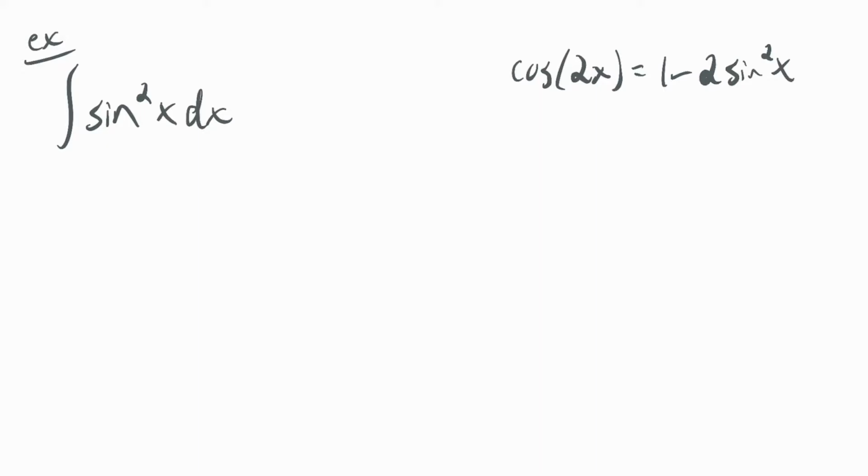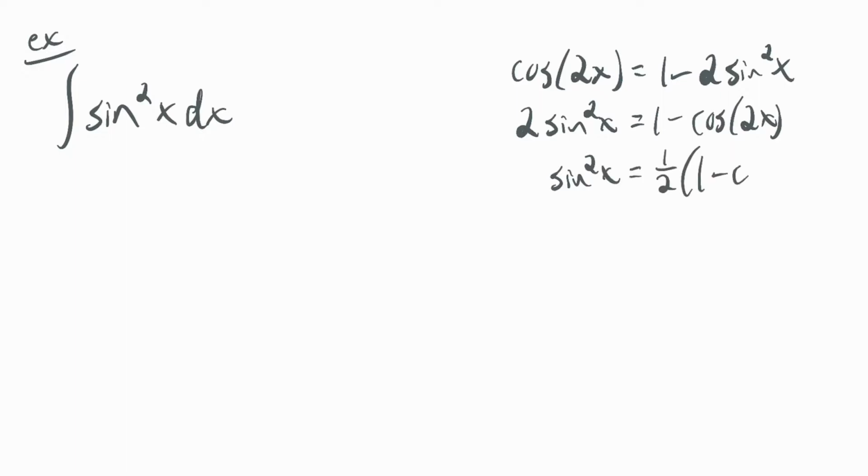So I will add sine squared x on both sides, and I'll also subtract cosine 2x on both sides in the same step, just to save myself a little bit of writing. And I get 2 sine squared x equals 1 minus cosine 2x. Okay, and then I can divide by 2 on both sides, so I get sine squared x equals 1/2 times 1 minus cosine 2x.